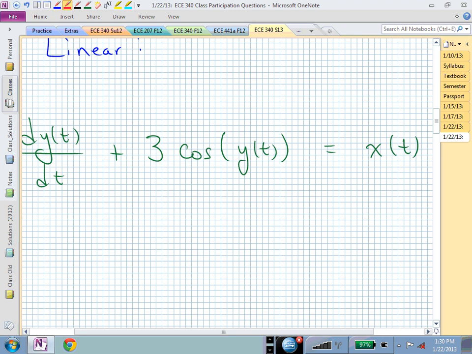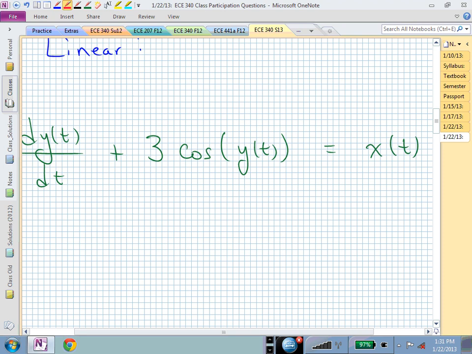model it. The comment was, what if this was dy dt plus 3 sine y equal x, and y was small? Sine of y is about y, isn't it? So if y stayed small, and small could be 30 degrees, maybe 20 degrees, it depends on what you want to consider.